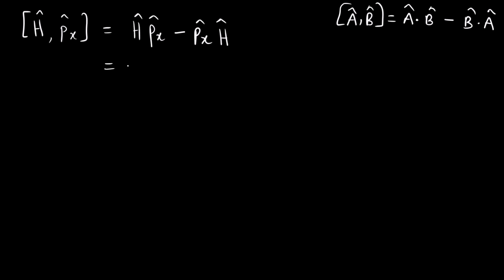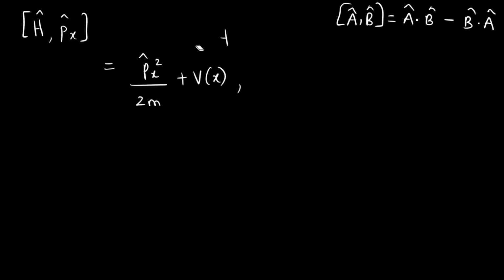So substitute the values. What is H cap? Px square cap by 2m plus Vx. Before applying this property, we can directly substitute and simplify. And this is Px cap.